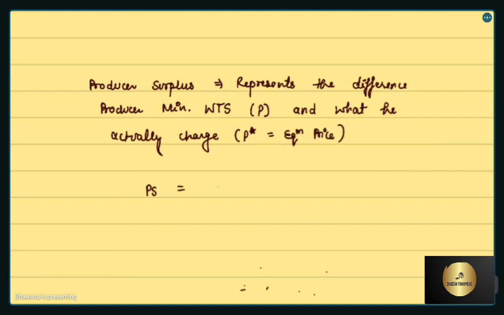So producer surplus is the difference between the minimum willingness to sell for a seller for that particular commodity.